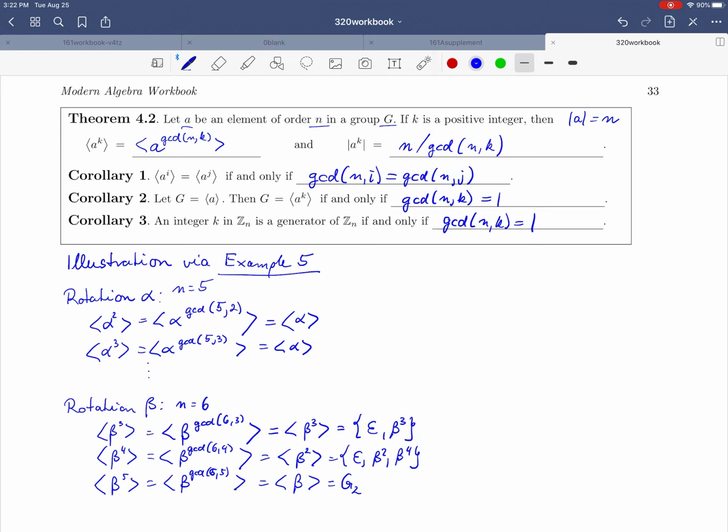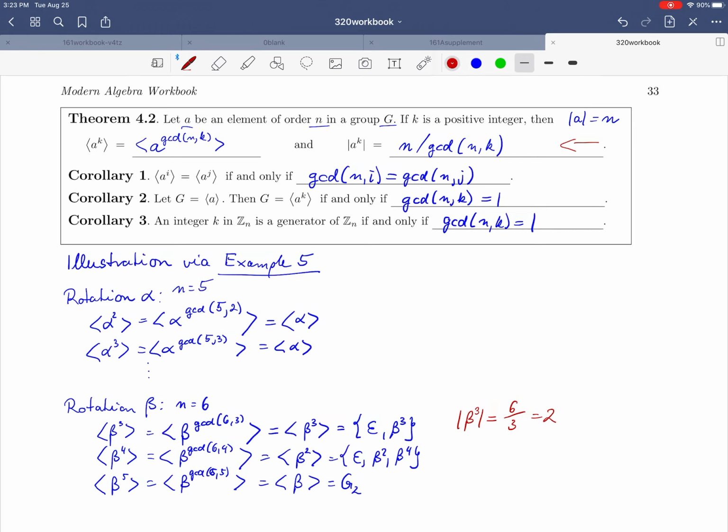Now that illustrates the first part of the theorem, and the second part has something to do with the order of these elements. What's the order of beta cubed? According to our theorem, it should be n divided by the GCD of n with k, so that is 6 divided by 3. So the order is 2.